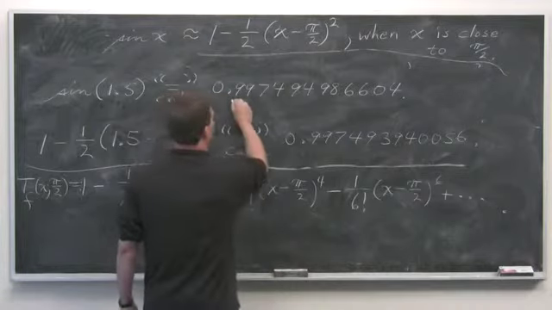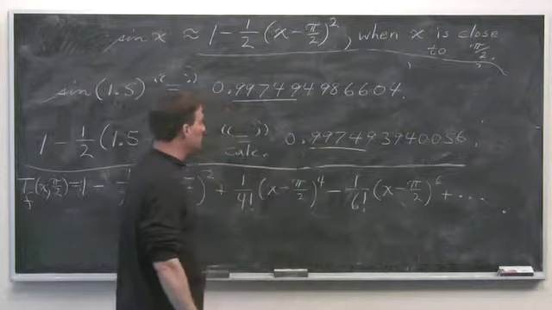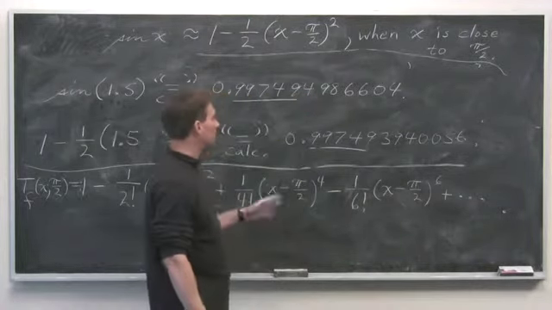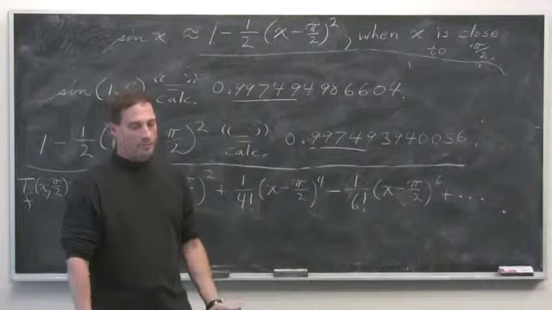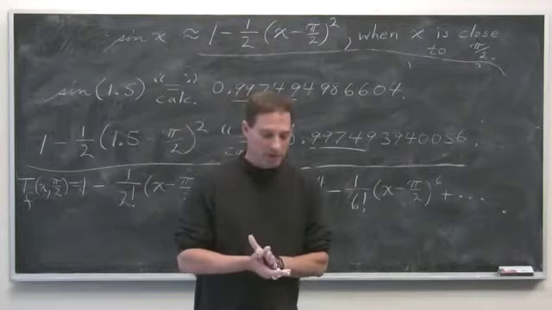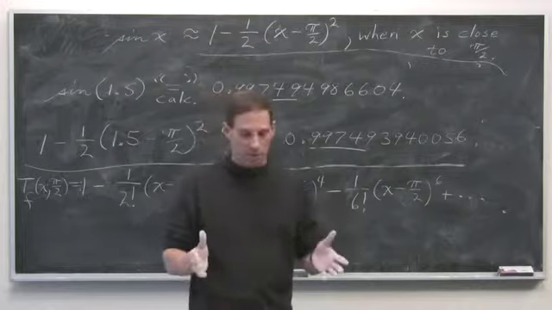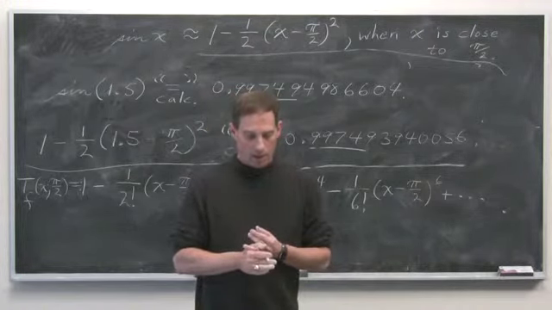We're getting the same first 5 decimal places, and then there's a 39 here and a 49 there. So yeah, the first 5 decimal places look right. This isn't proof of much of anything, and you might not believe your calculator, but it's evidence that this approximation seems to be working okay.